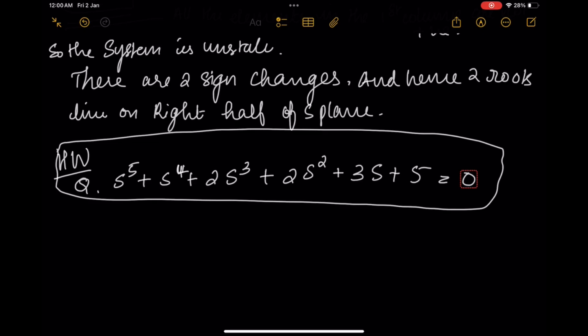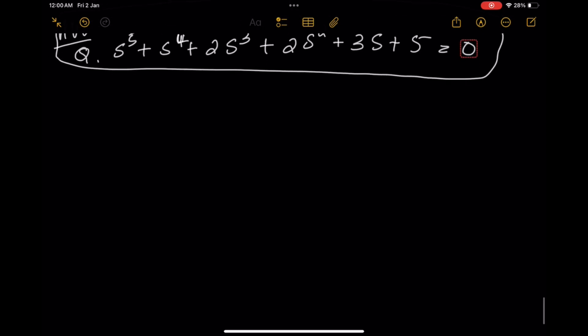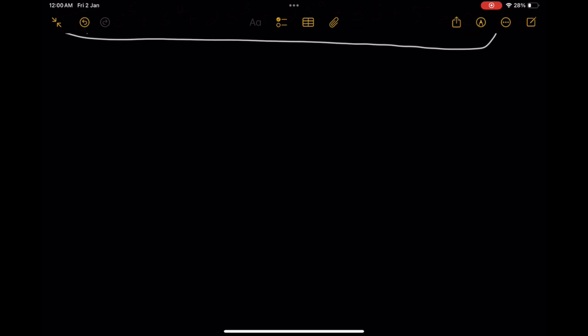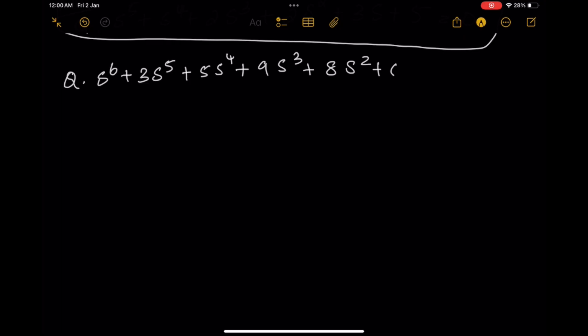Okay, now let's move on to our next question for the day. I'm writing the question: s raised to 6 plus 3s raised to 5 plus 5s raised to 4 plus 9s cube plus 8s square plus 6s plus 4.